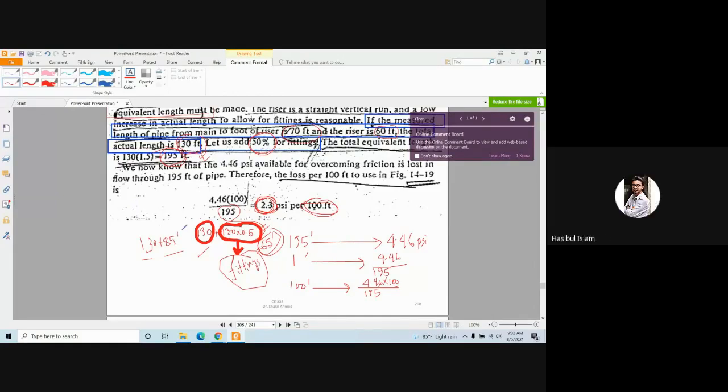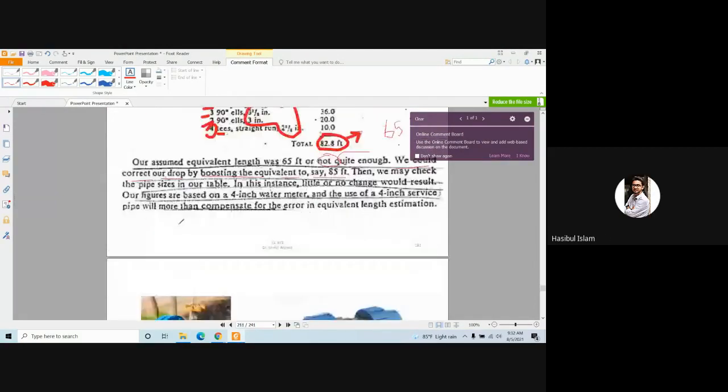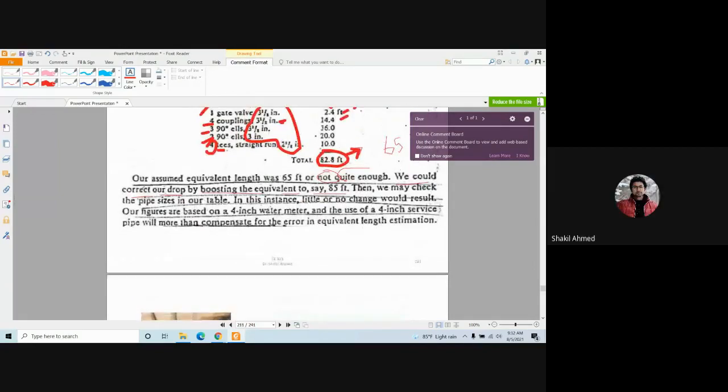Yes, sir. So we could correct or redo our drop by boosting the equivalent length to 85. Then we may check the pipe sizes in our table again. In this instance, little or no change would result because the difference is not that much.